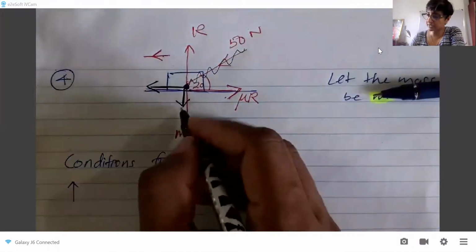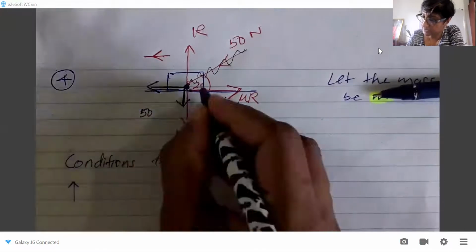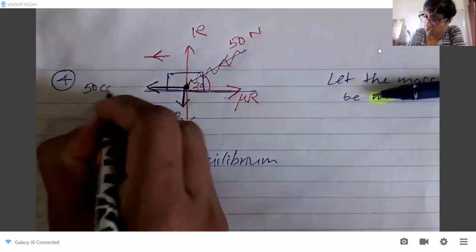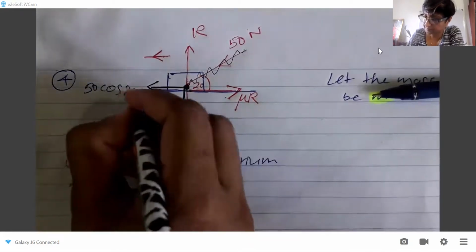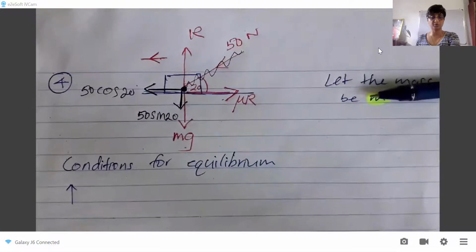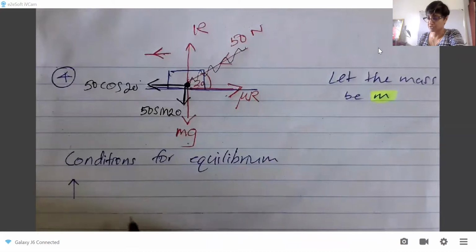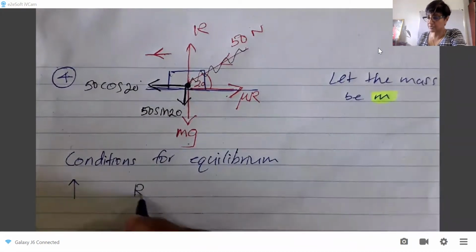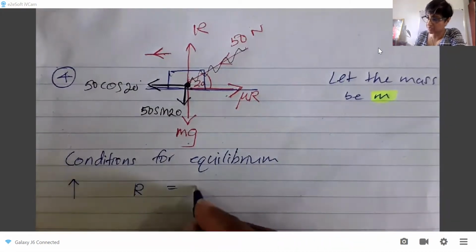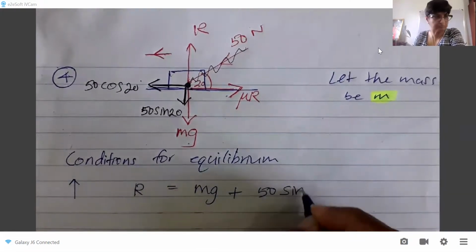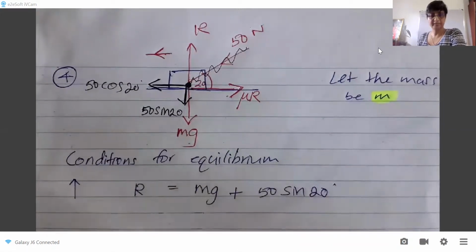So how much is the vertical component? The angle is 20, so 50 sine 20. How much is the horizontal component? 50 cos 20. Now I have all my forces in the horizontal and vertical directions, so that it's easy for me to apply the conditions for equilibrium. So vertical equilibrium: total upward forces, upward is only R, is equal to total downward forces. That is mg plus 50 sine 20. Right, that's it.